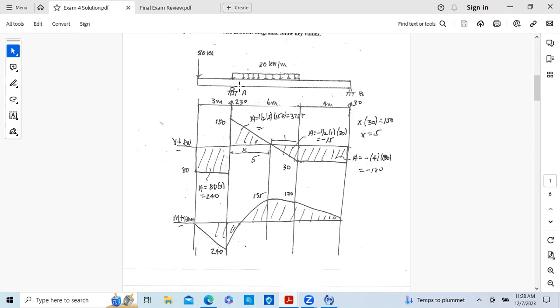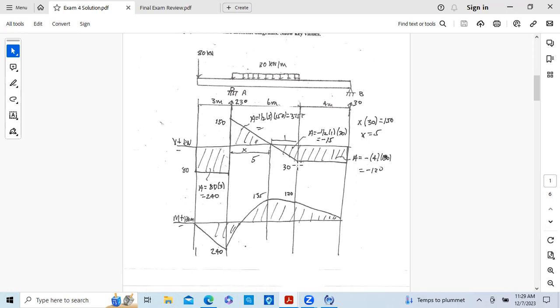So it's going to drop ultimately 180 from this 150. This is a function of x, so it's a straight line. So 150 positive, it's going to drop 180, 6 times 30, 180. So it takes us down to a negative 30. So we create a straight line down to negative 30.